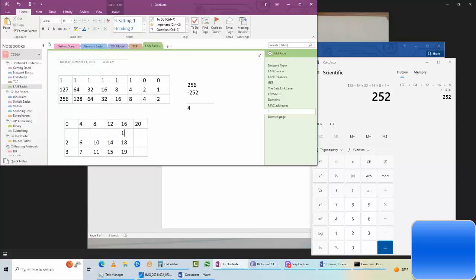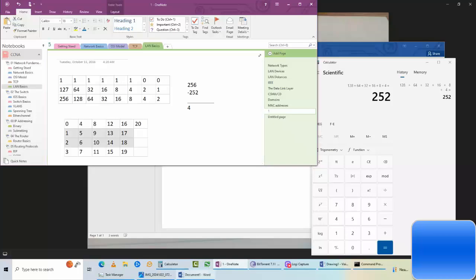And first valid host. Okay, notice between our first and last, we only have 2 valid hosts that are possible on this network.